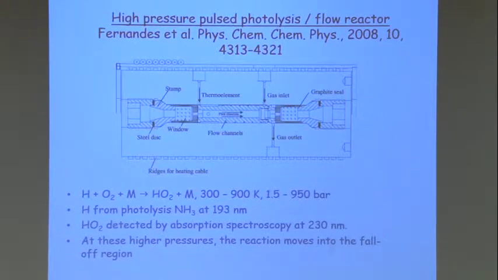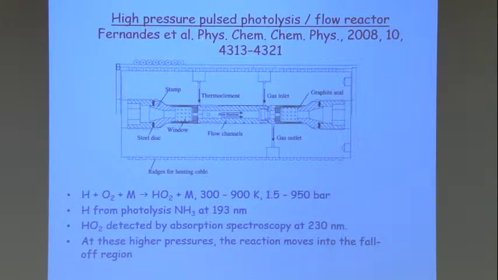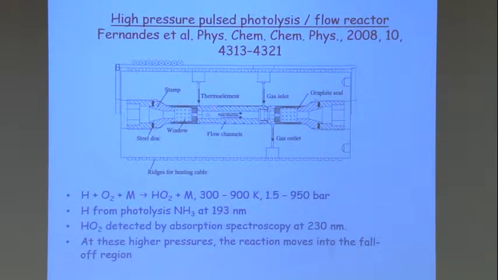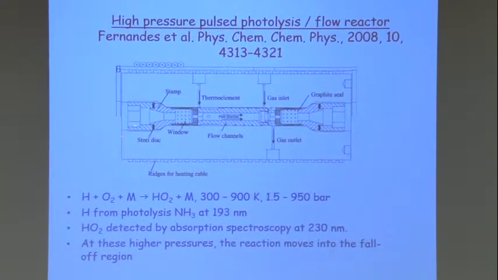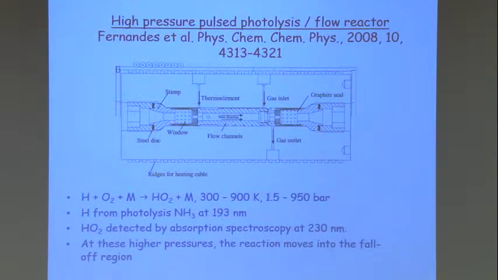In Germany, at Göttingen, they did measurements at really very high pressures. These again are difficult experiments to do. They're pulse photolysis experiments, and this is a high-pressure cell with steel discs and very, very thick windows. They're going up to pressures approaching 1,000 bar, so these are really pretty high pressures.